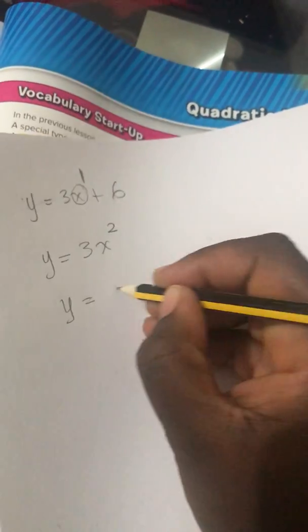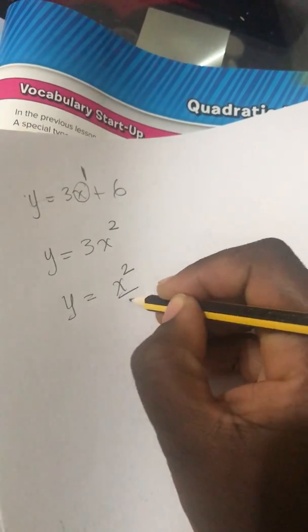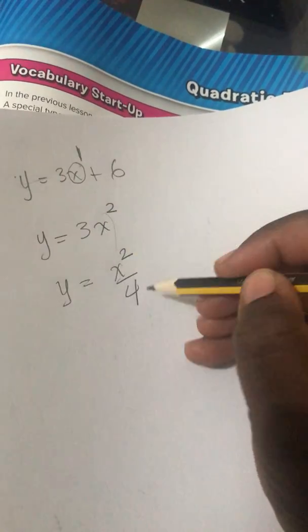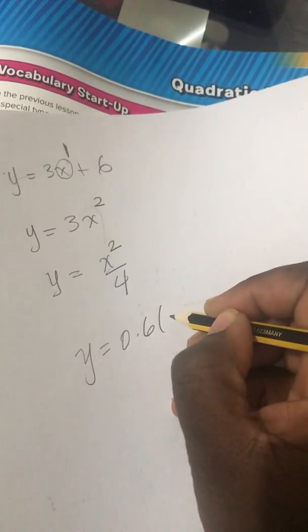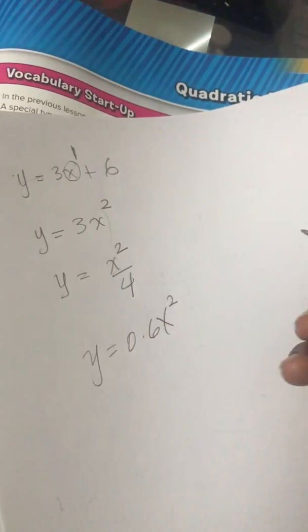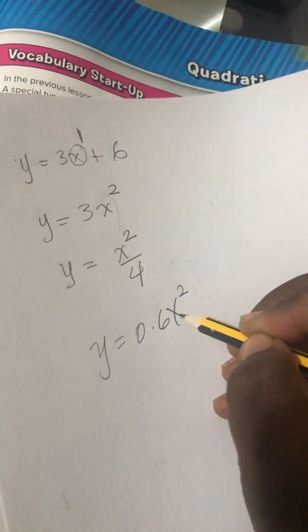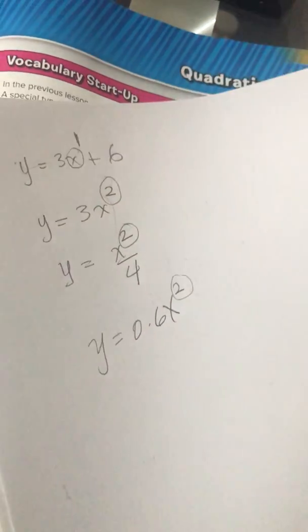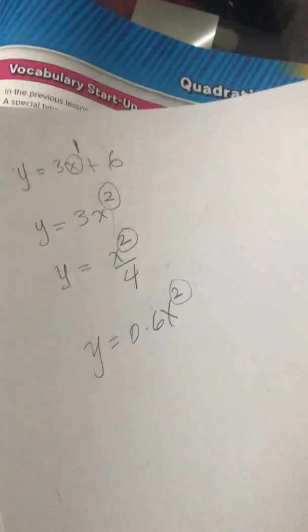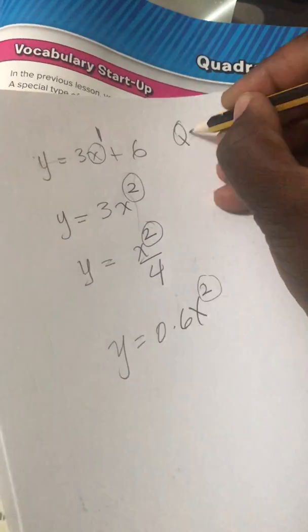Or it can be a fraction, a decimal. As long as the power of x is 2, it cannot be another number. The power of x has to be 2 for you to be a quadratic.